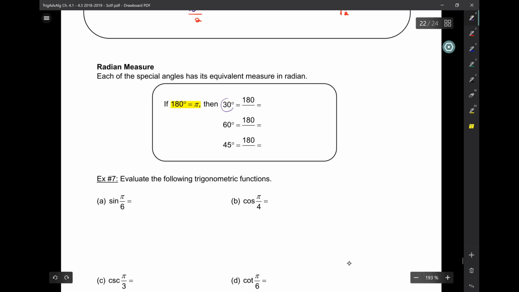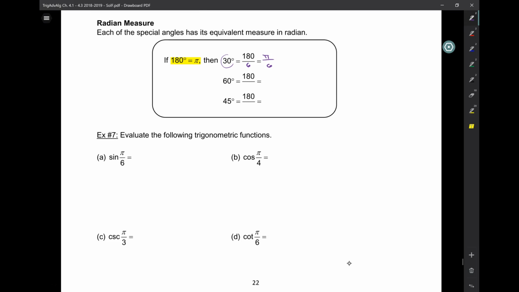Well, here's how I do it. What can I divide 180 by to get 30? 6. So since 180 is pi, then 30 is pi over 6.